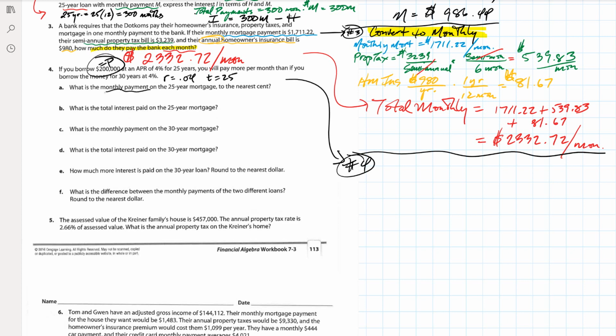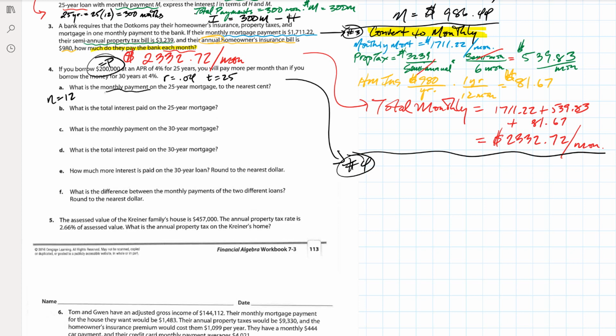T in this case is 25 years. It's a monthly payment, so N is equal to 12, because there are 12 months in a year. We're not doing this quarterly, guys. We're not paying quarterly, daily, and all that kind of stuff. We're paying monthly, and that's typical. Okay, so we're going to use the monthly payment formula again.